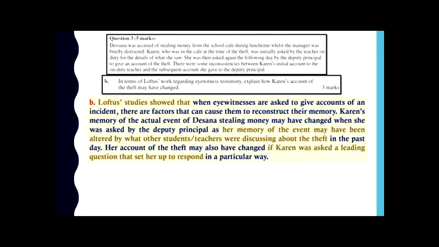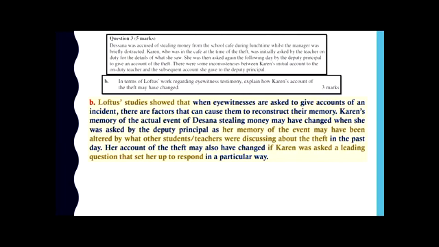So you do mention Karen, you do talk about the event of the stealing money, you do talk about the deputy principal questioning her. It's important that you do bring those elements into your answer. Because if you don't, then VCAA assesses what they do is they say this person has not related back to the scenario, they've not related back to the stimulus information. So you do need to use information from the scenario and then form your response based on that.